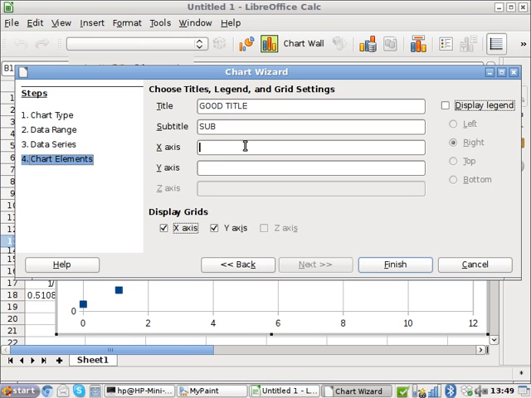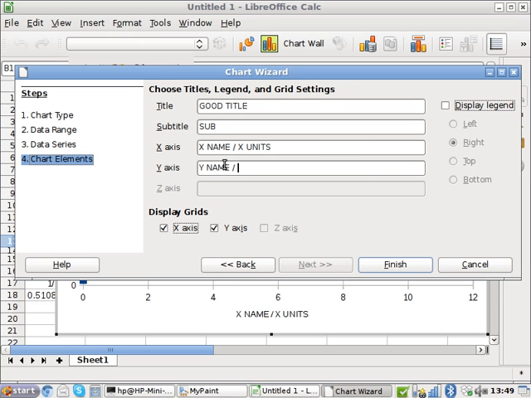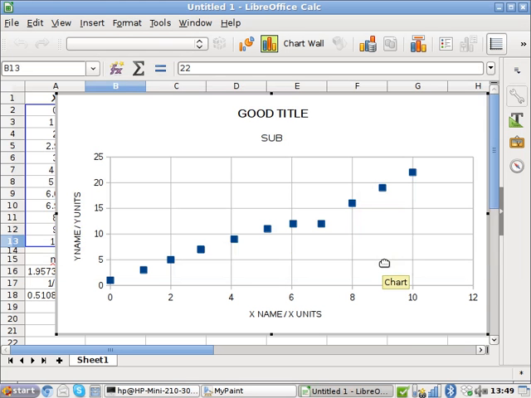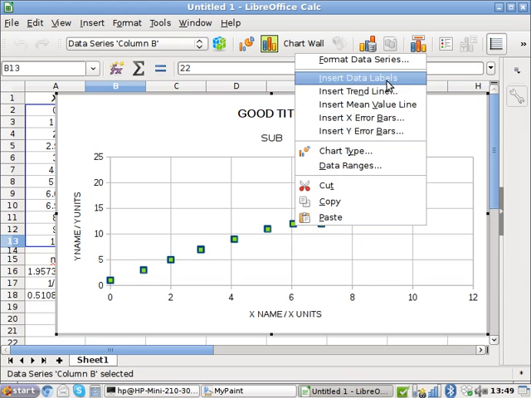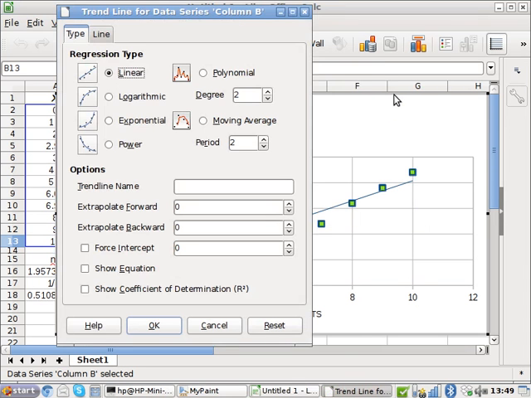The x-axis needs to have an x name with x units and use a / between the name and the units, and the y-axis needs a y name with y units, whatever the units in the name are, and then finish.